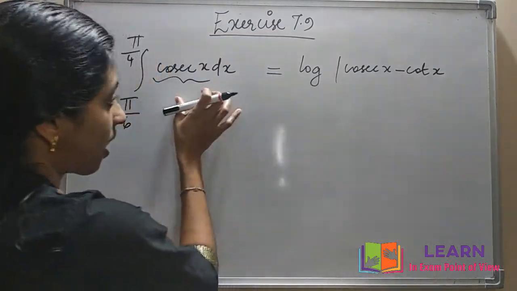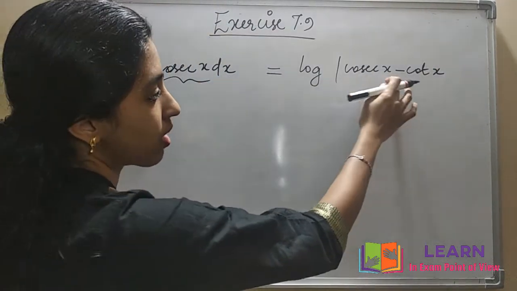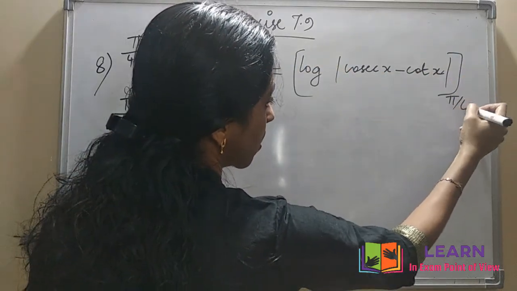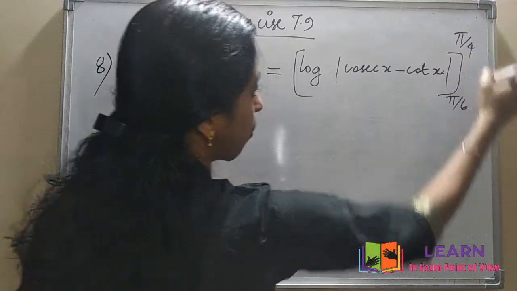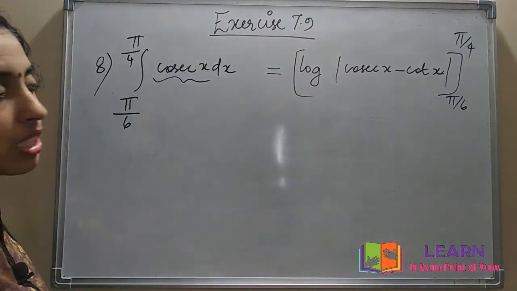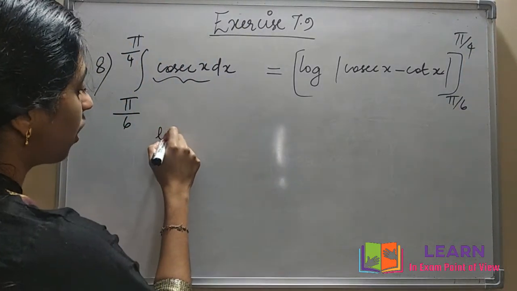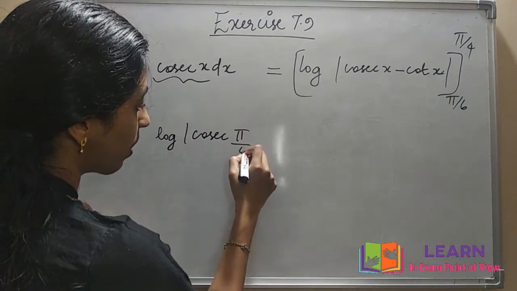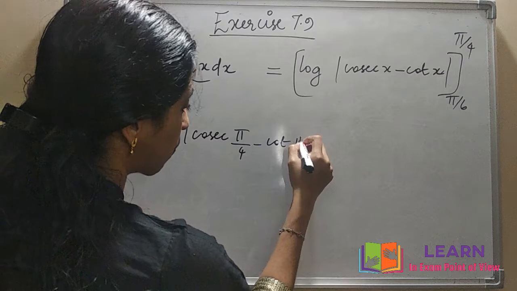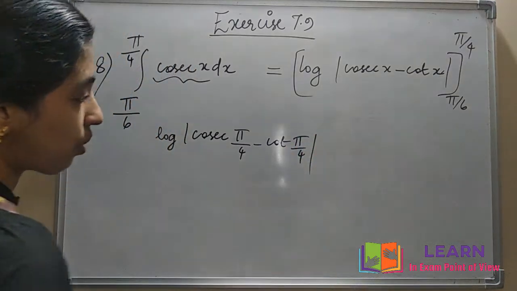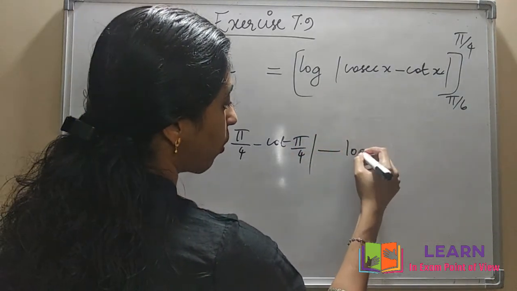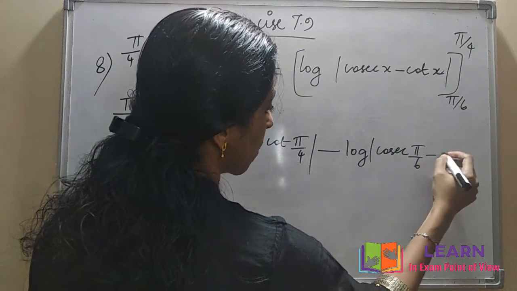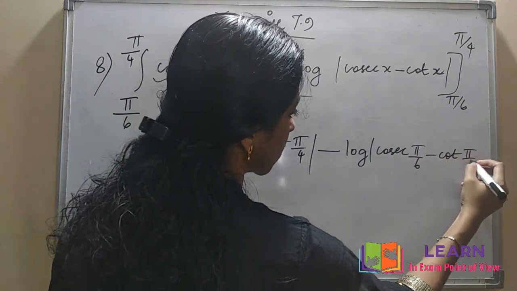Integral of cosec x is log cosec x minus cot x, within the limit pi by 6 to pi by 4. Just apply the limit: log mod, first apply upper limit, cosec pi by 4 minus cot pi by 4, minus log mod cosec pi by 6 minus cot pi by 6.